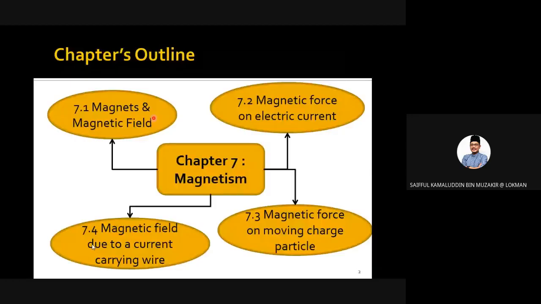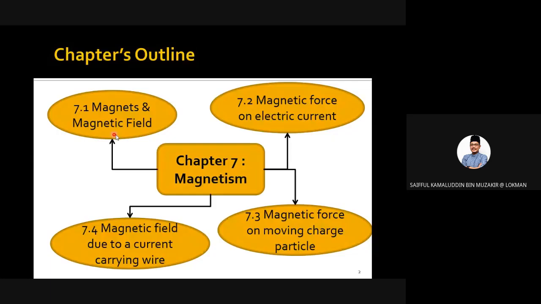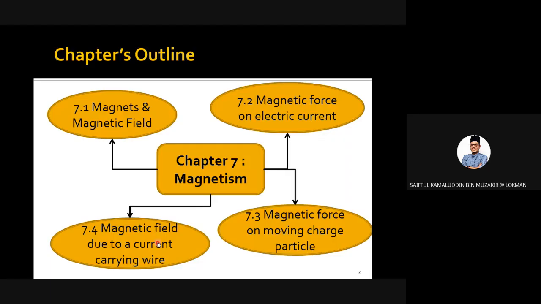Number one is magnets and magnetic field, followed by the second subchapter, which is the magnetic force on electric current. Then the third subchapter, which is magnetic force on a moving charge particle. And finally, we will discuss magnetic field due to a current carrying wire. So these are the four subchapters that we need to discuss.